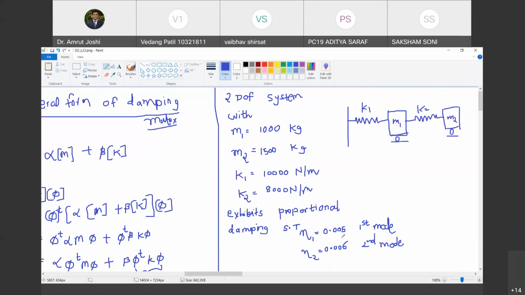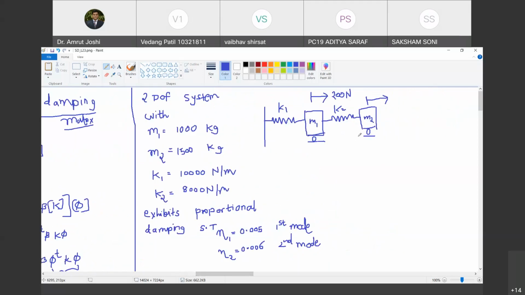Are you with me? Yes, sir. And it is acted upon by forces 200 cos lambda t, where lambda is a forcing frequency.